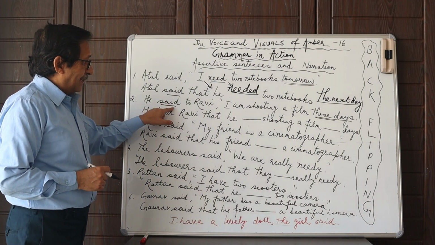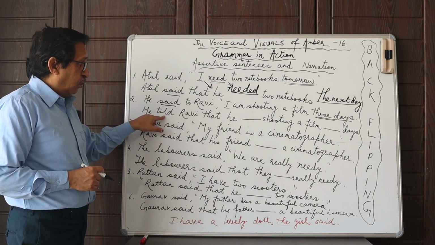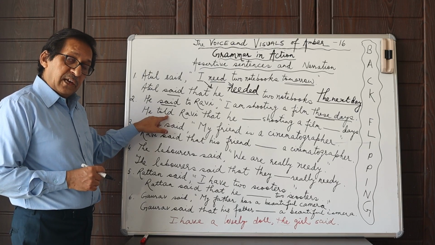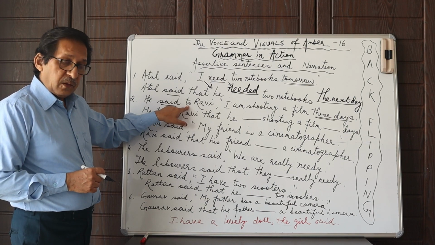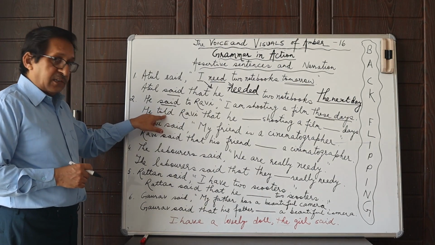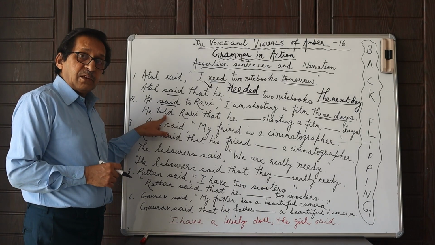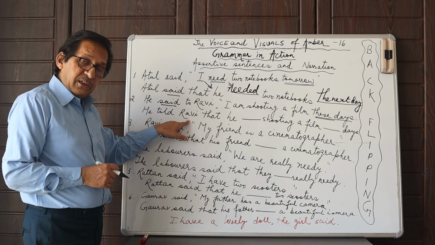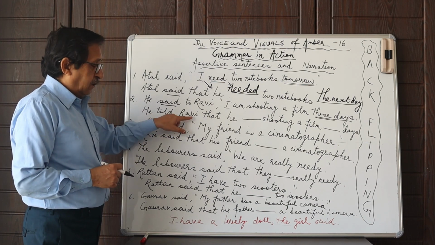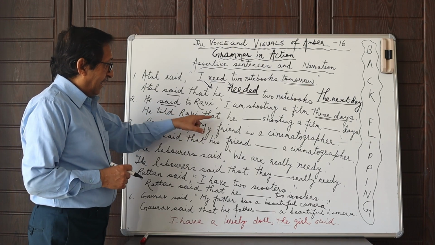So here, he said to Ravi. So said is simple past, so he told Ravi. And after tell or told or telling, we don't have to use to. Tell or telling or told is a transitive verb with an object. Okay, he told whom? He told Ravi. So he told Ravi that he.